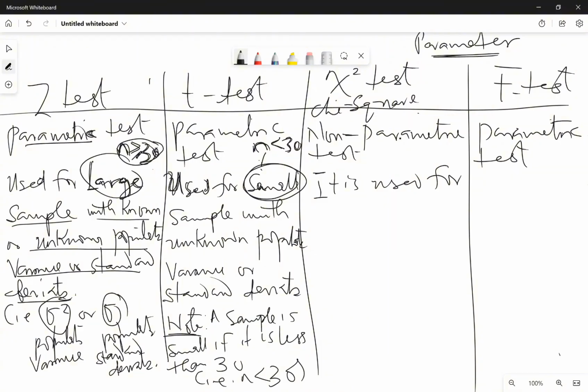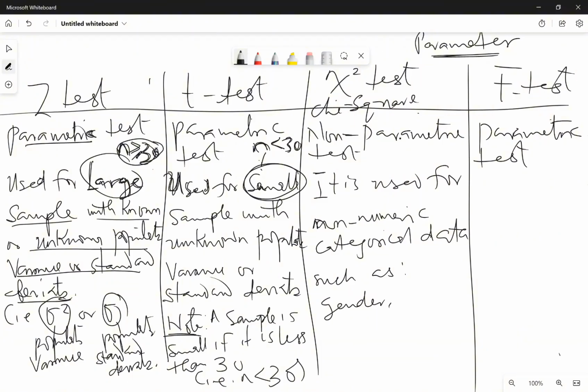It's used for non-parametric test, and such test is used for categorical data, such as gender, party affiliation, religion, to mention a few. So it is used for categorical data that you can categorize.